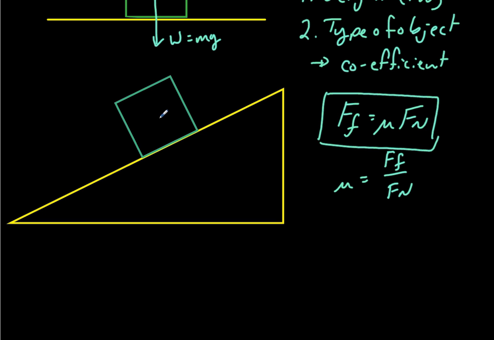Now it gets a little more interesting when we put our object onto a slope. If we start to analyze what's going on here, we realize there's a normal force up like this. In order to make the resultant forces apparent, let's put our weight down. That's equal to mg.